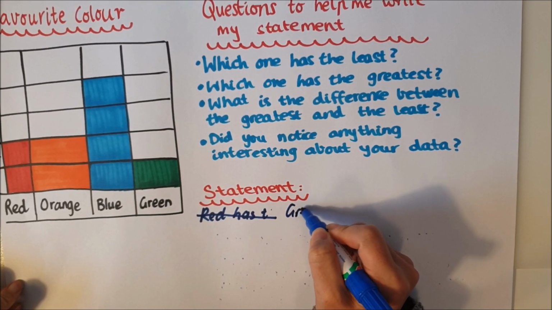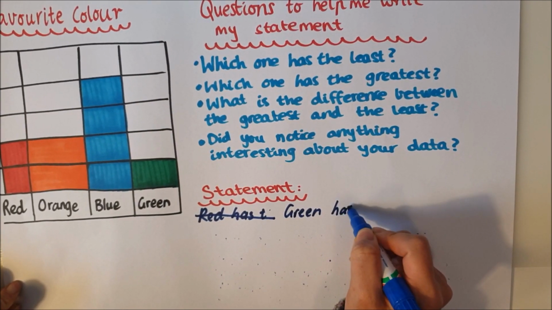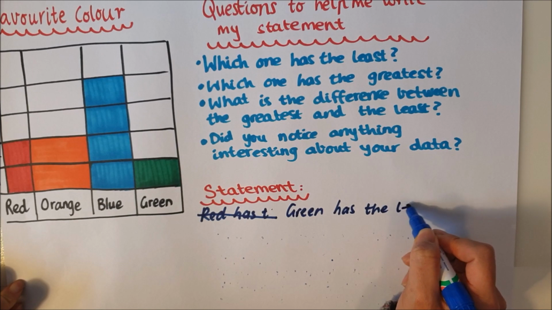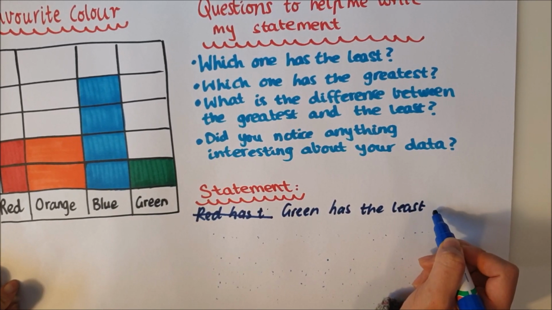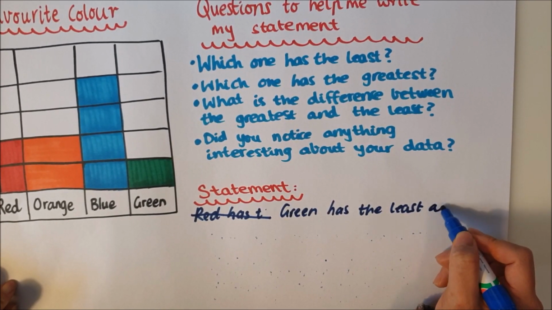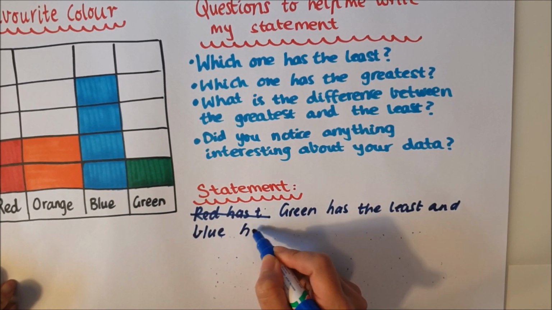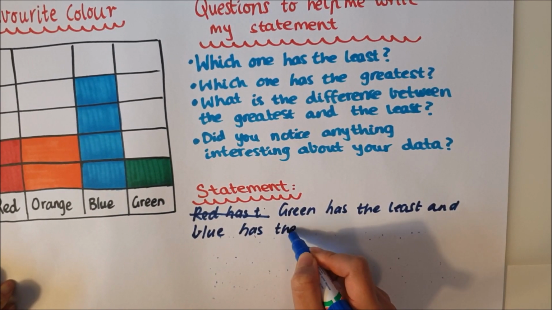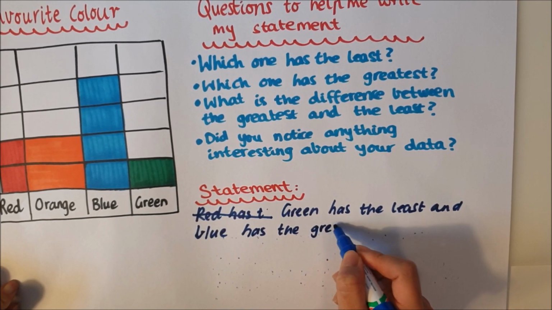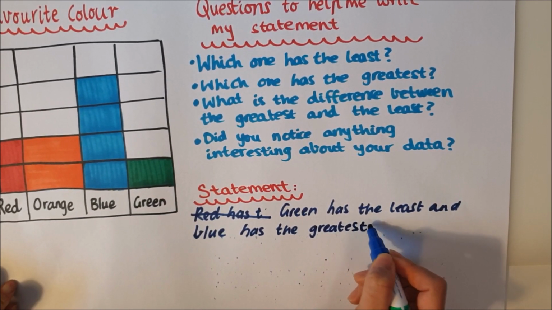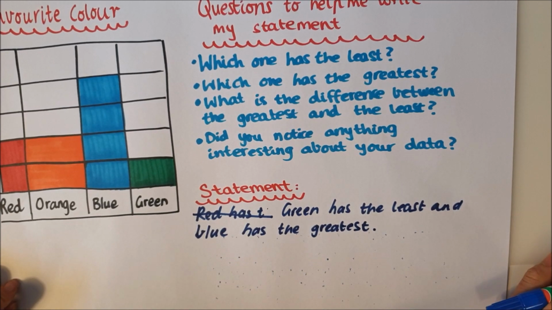I'm going to write green has the least, and blue has the greatest. Full stop, end of my sentence.